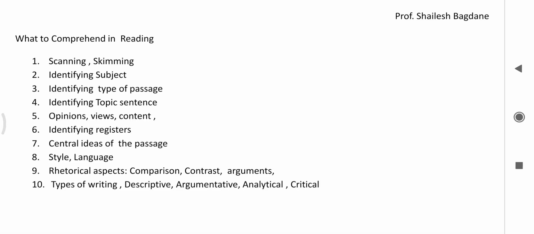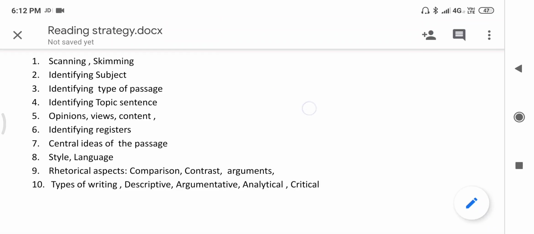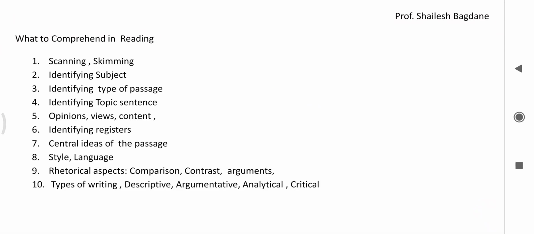The text in front of you is your reading matter, and you have to find out the length of the sentences, the major important words that you can find there, and the subject-related words that are giving clues to you. So, you have to adopt this strategy.